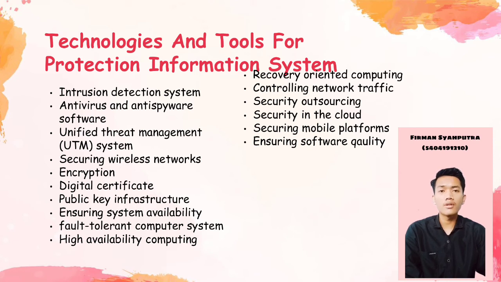Ensuring system availability: online transaction processing requires 100% availability, no downtime. Fault-tolerant computer systems: a system that can continue its work properly despite hardware failures and software errors. High availability computing: the design of a production environment that can minimize failure, where there are other systems that can replace so that the production process is not disrupted.